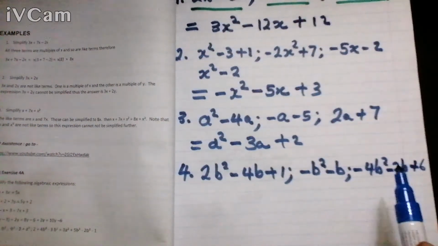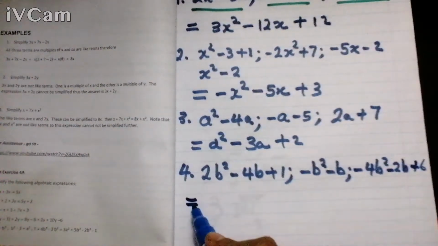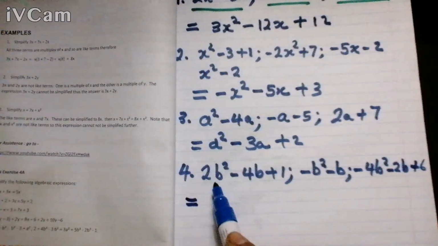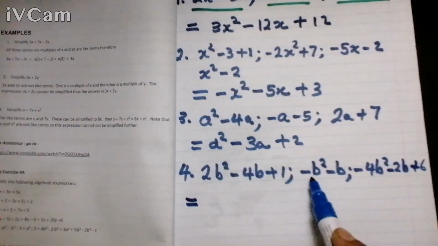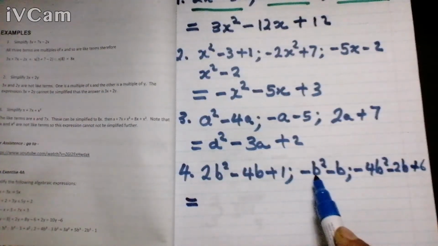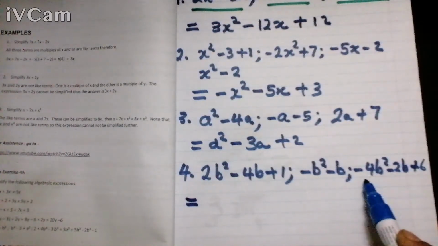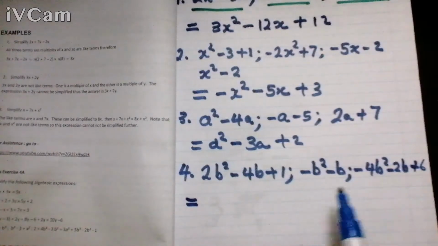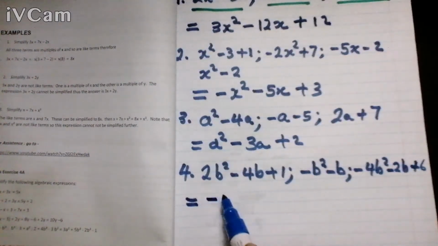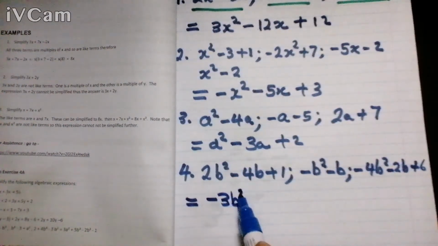And let's look at like terms here. If you're looking at the b squared there, you got 2b squared minus 1b squared, so you got 1b squared minus 4b squared. Your answer is going to be minus 3b squared.